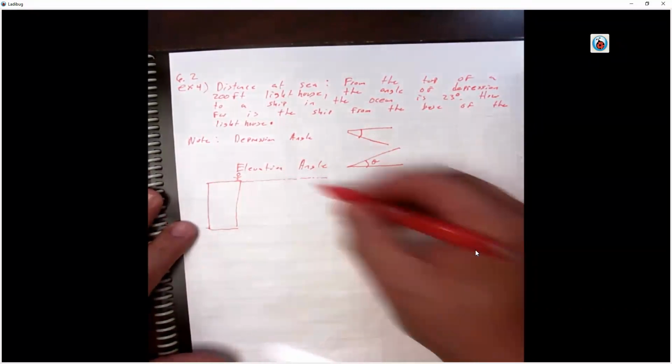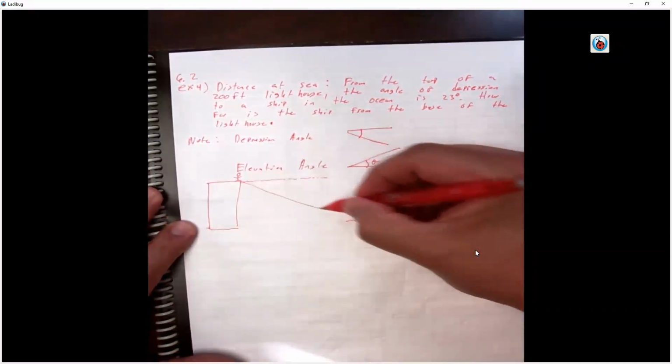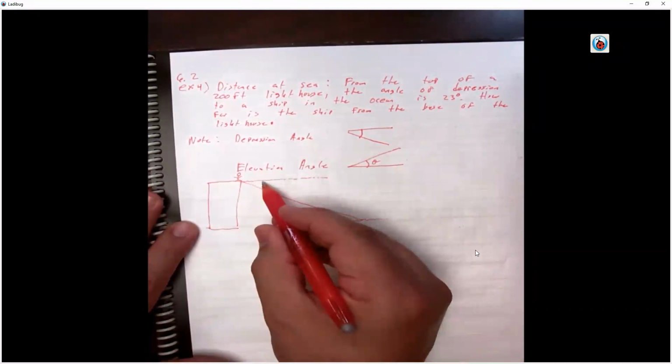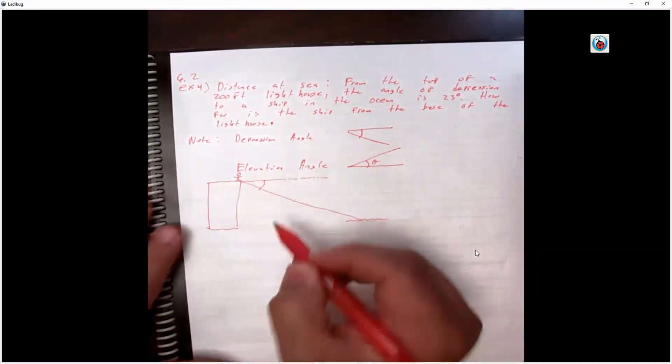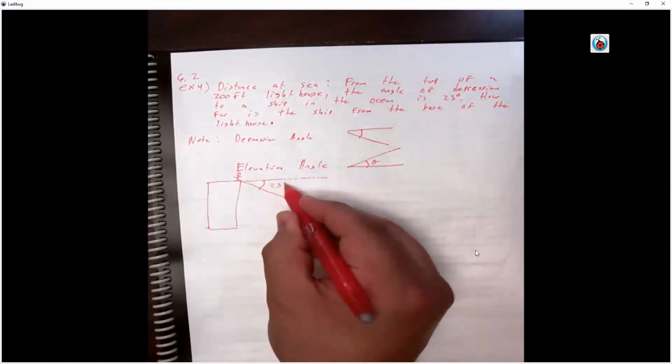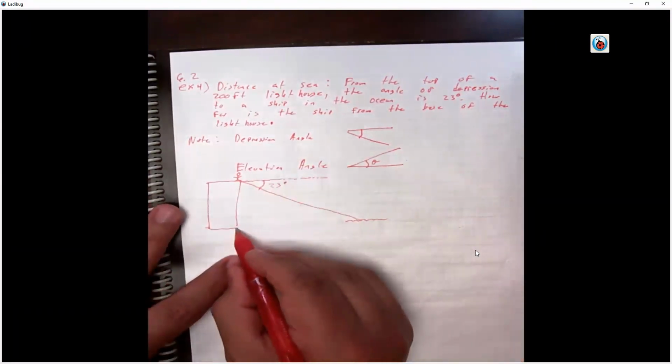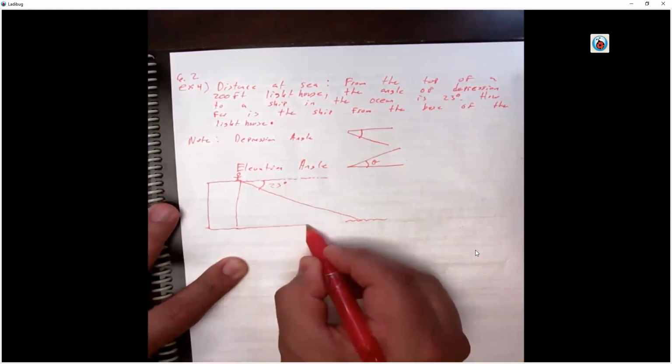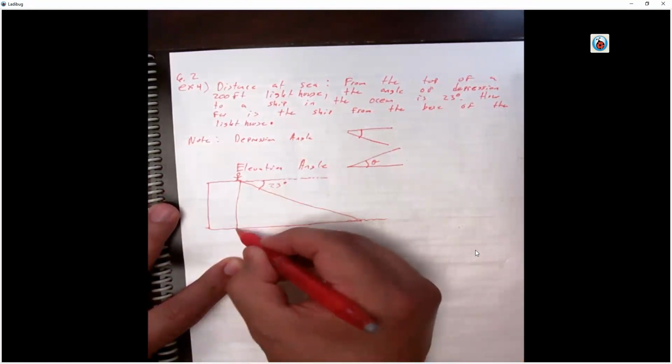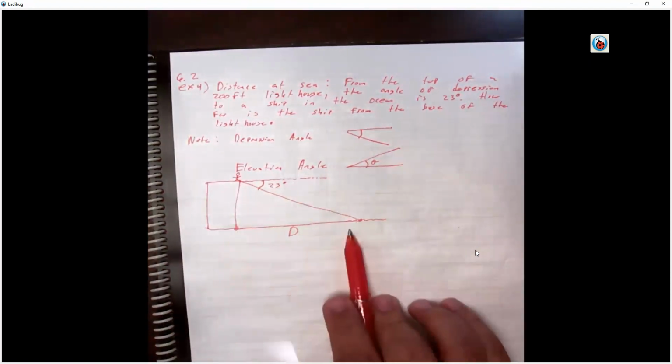The ship, we'll say, is over here somewhere in the water. So the angle of depression is right here. Okay, so that's 23 degrees. They want to find the distance from the base of the lighthouse. So from here to here, they want to know the distance. So how far is the ship from the lighthouse, from the base? So just across.